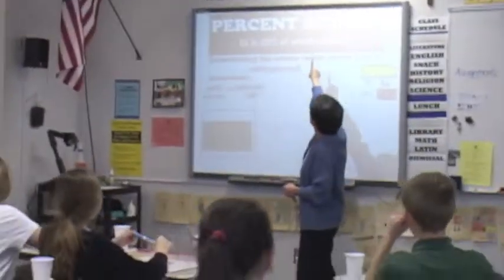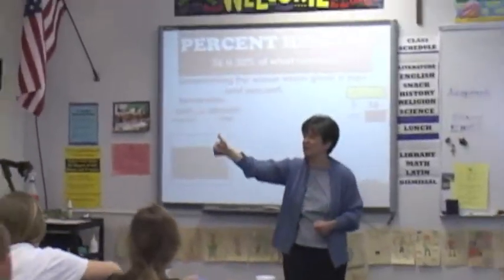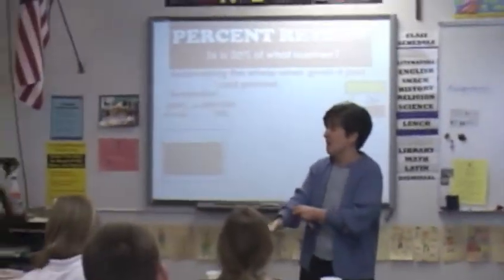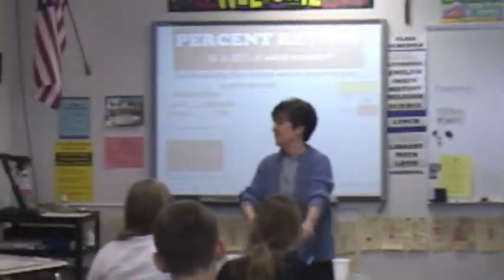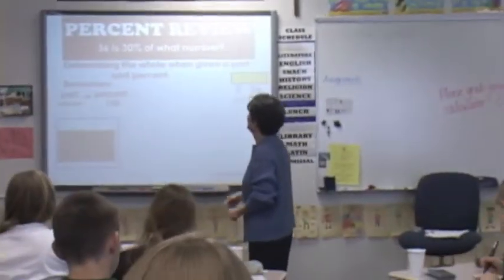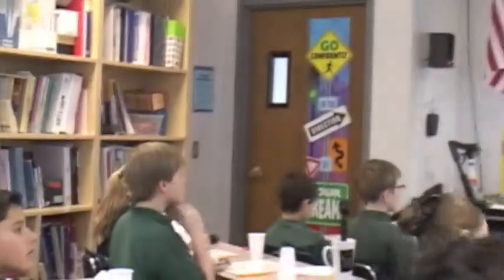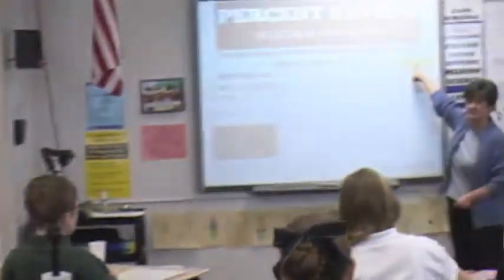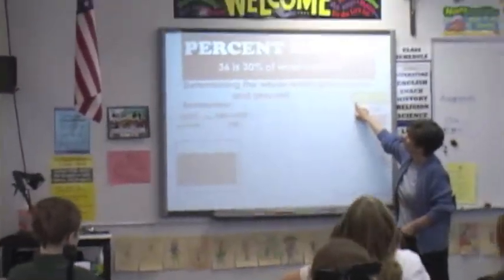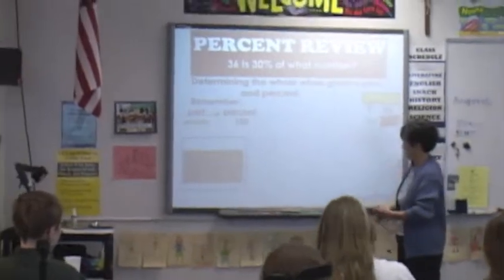36 is 30% of what number? First off, let's build a model. 36 is 30%. So here, what's this bar going to represent? The whole. Really? What's going to be the part?